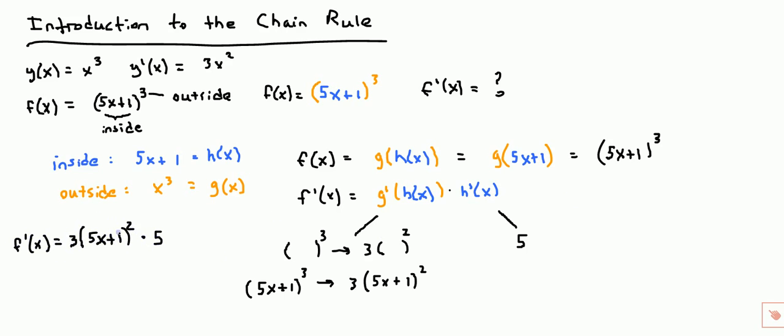Remember, this part on the left is g prime of h of x, and the part on the right is h prime of x. We can simplify that by multiplying the 3 and the 5. So it's 15 times 5x plus 1 squared. And that's f prime of x.